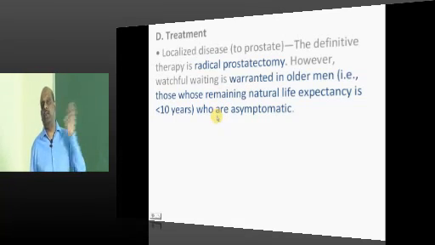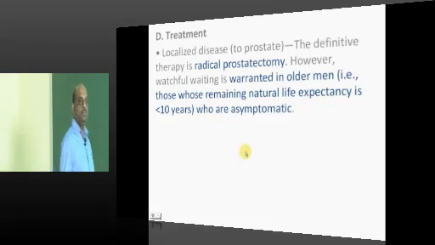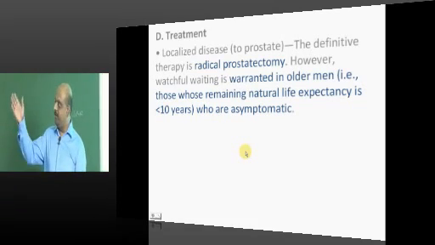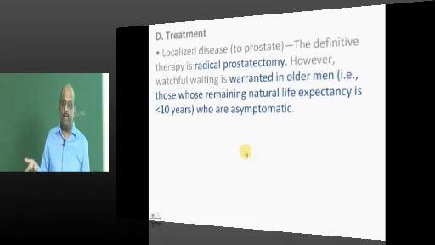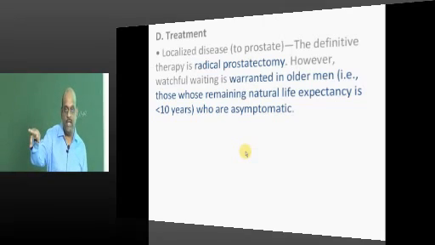Remove the entire prostate. Then what will happen? See, from the bladder, what is the prostate doing? Prostate is the cave through which there is a tunnel, the prostatic urethra, right? So if you remove the prostate, you are removing the prostatic urethra. Then what you need to do?